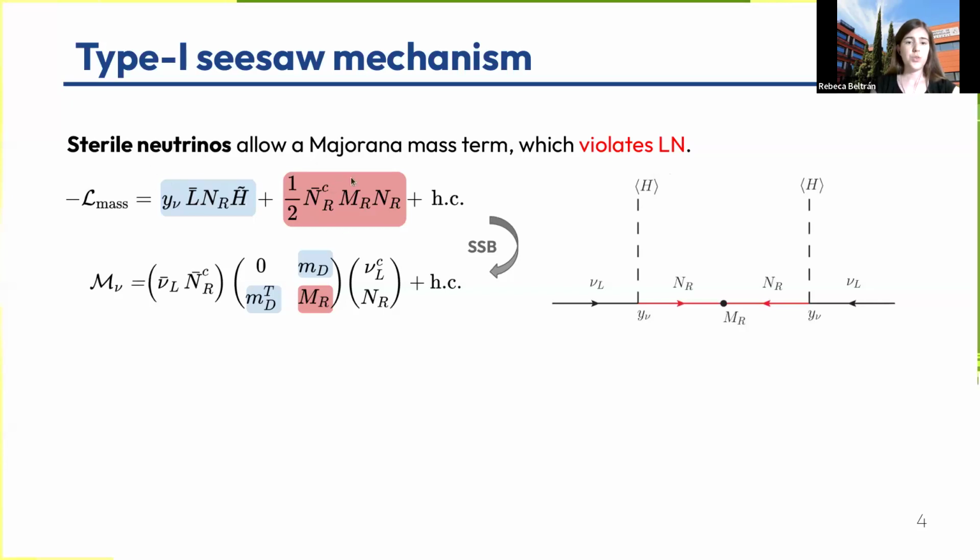So with these two terms being present, then after spontaneous symmetry breaking, the neutrino mass matrix takes on this form, which we have written just in one generation notation. It's just to get the basic idea. So one has to diagonalize this 2x2 matrix to obtain the neutrino mass eigenvalues.